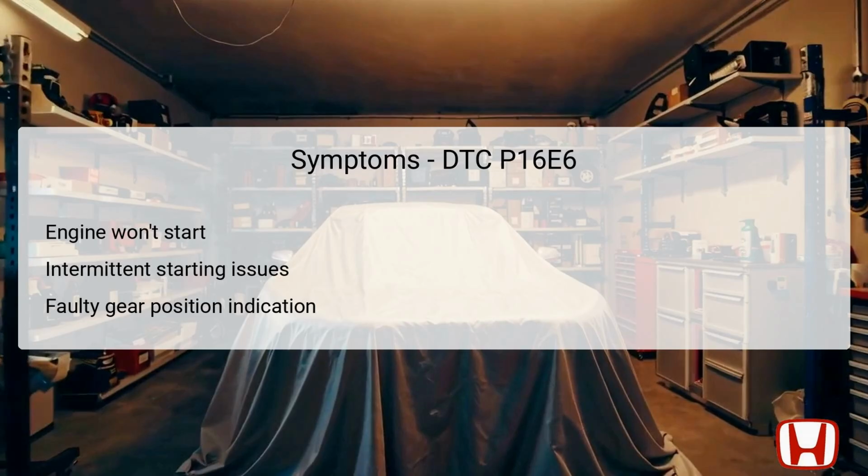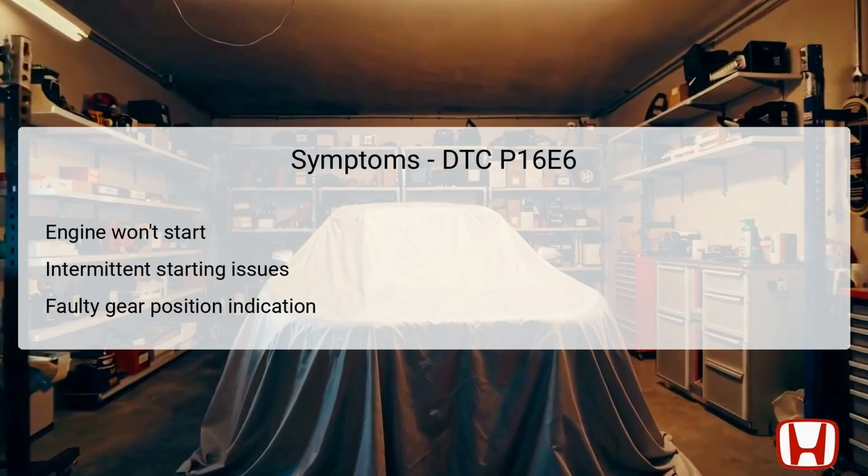The symptoms associated with DTC P16E6 can significantly impact the vehicle's usability and the driver's peace of mind. One of the most evident symptoms will be that the engine simply won't start. This is often the first indication that something is seriously wrong. Additionally, drivers may experience intermittent starting issues.